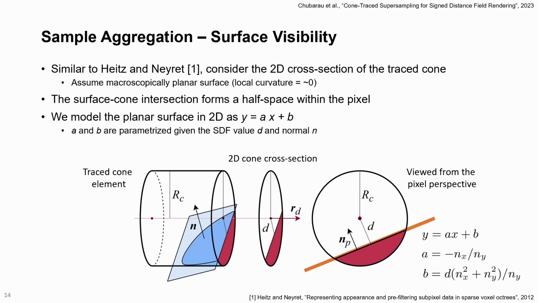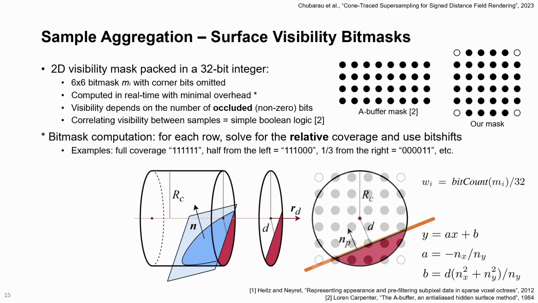We model this with a very simple equation, a first order polynomial of the form y equals ax plus b. The surface is basically just a line, and we parameterize this with the SDF and with the normal vector. Then we pack this visibility into a 32-bit integer because in shaders it needs to be easy to compute and optimize.